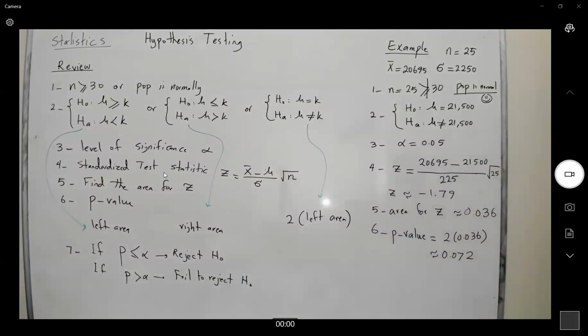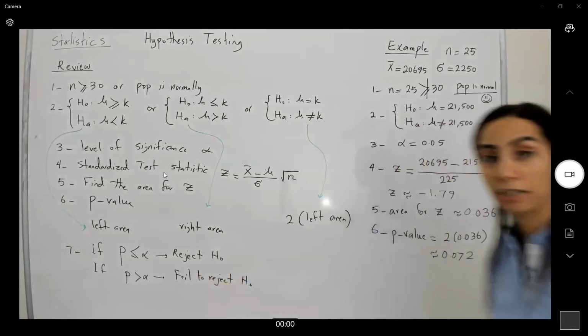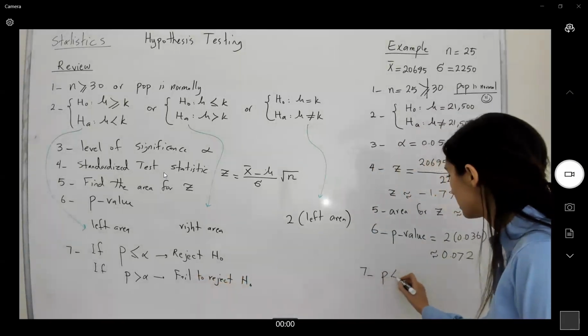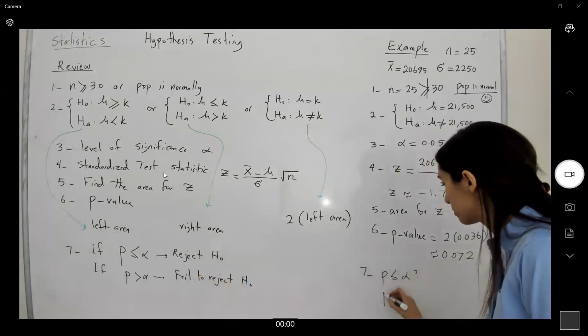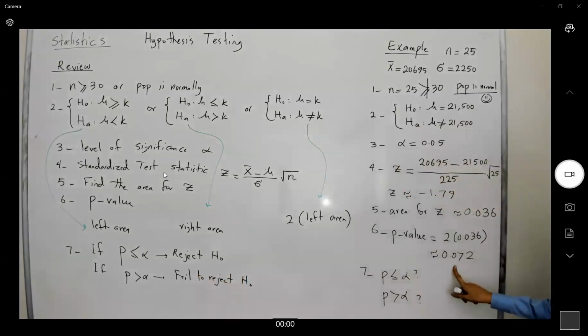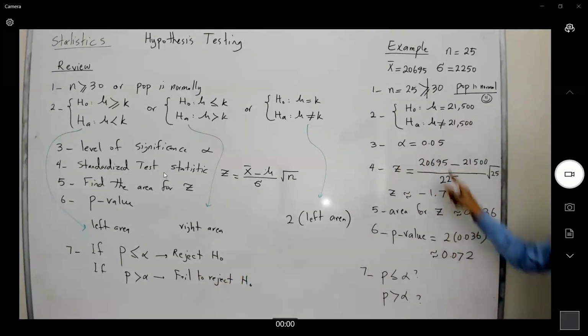Is it less than or equal to alpha? Is it greater than alpha? Which case is this? It's almost 7%, and your alpha is 5%. P is greater than alpha.